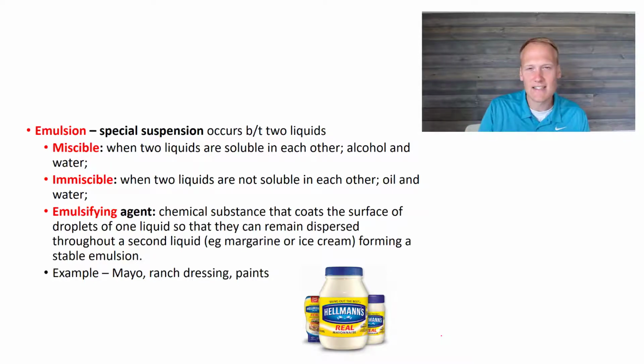And what it does is it allows a polar substance and a nonpolar substance then to mix together using the emulsifying agent. Mayonnaise, ranch dressing, paint are all examples of emulsions, things that shouldn't mix together very well and stay mixed together, but they do. Over time, if you let them set, they will separate. Paint separates over time, and mayo, if you leave it sit a long time, would separate as well.